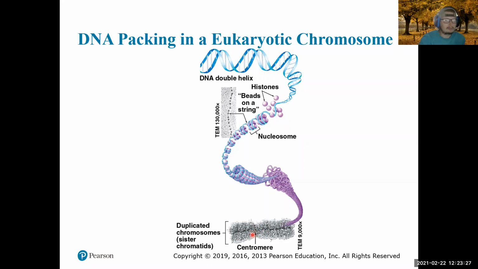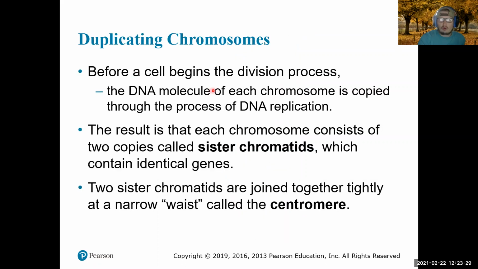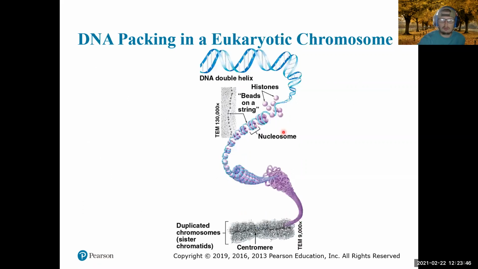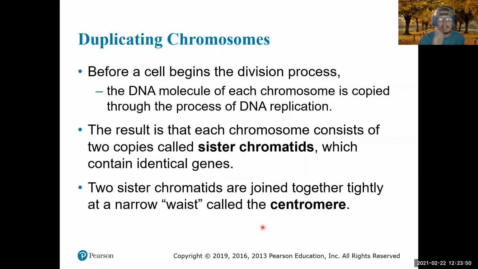Okay. Before the cell division process happens, before mitosis happens, the DNA is copied. So each individual chromosome is duplicated, and you end up with those sister chromatids that you see in this figure here. Like I said, they have identical genes on those sister chromatids.